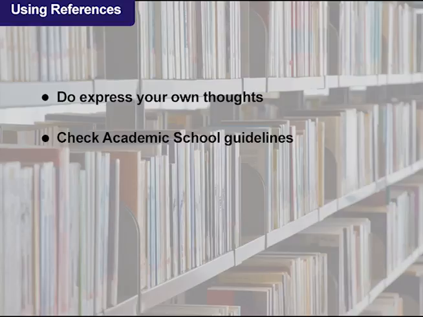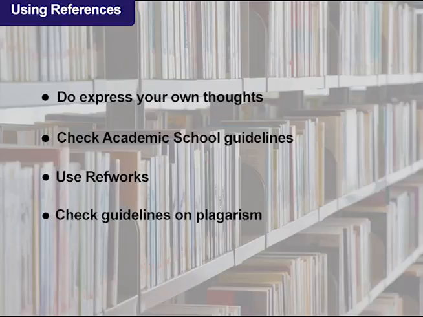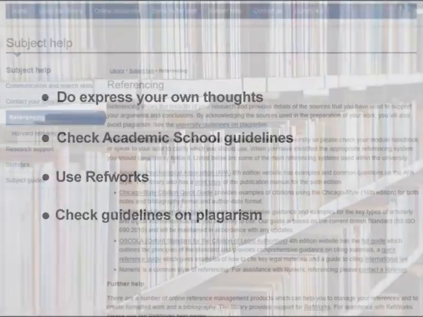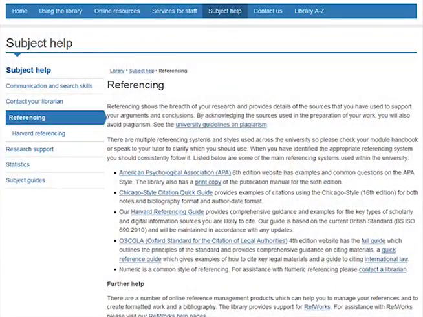Please ensure that you check your academic school guidelines on applying references. If possible, use RefWorks and check the university's guidelines on plagiarism. This is a screenshot showing the referencing guidelines on the library web pages.